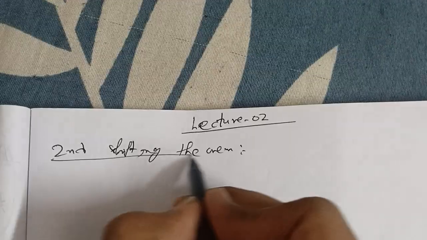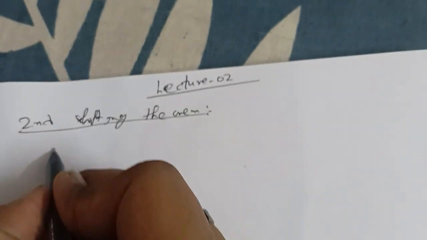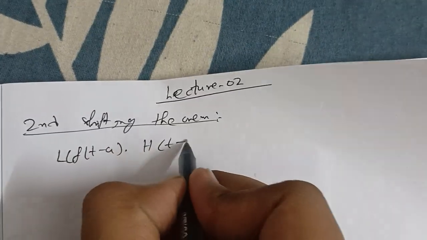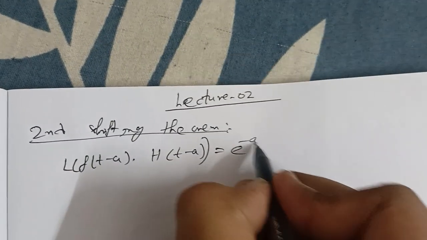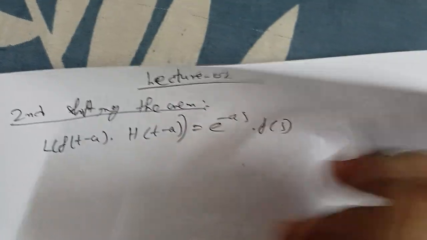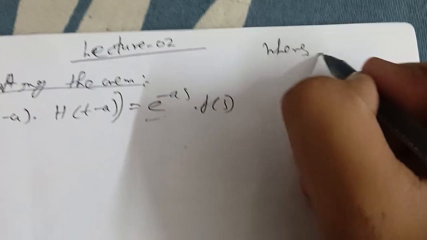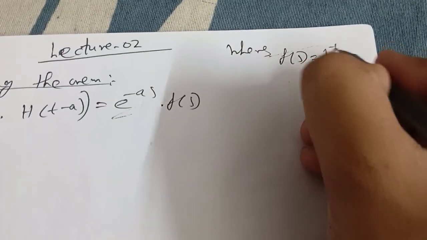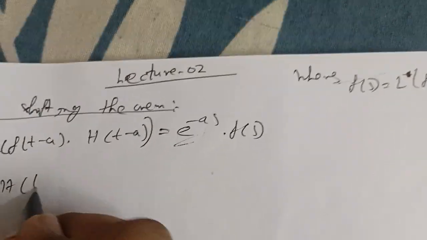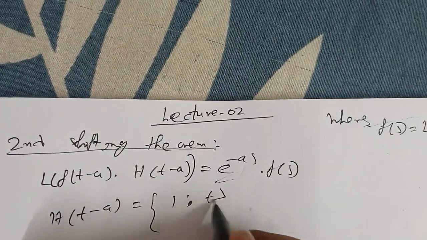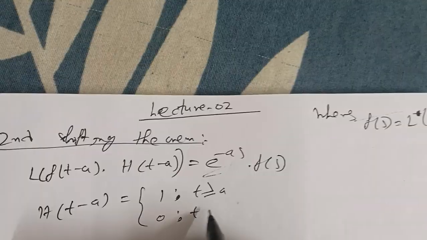What the second shifting theorem states is that the Laplace of f of t minus a times h of t minus a is equal to e to the power minus a s times F of s, where F of s is the Laplace of f of t, and nothing more than that. And what is h of t minus a? It is a unit step function: 1 when t is greater than or equal to a, and 0 when t is less than a.